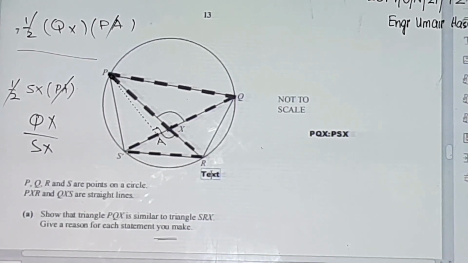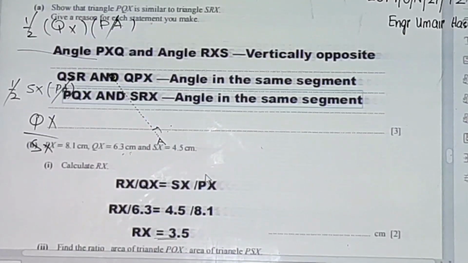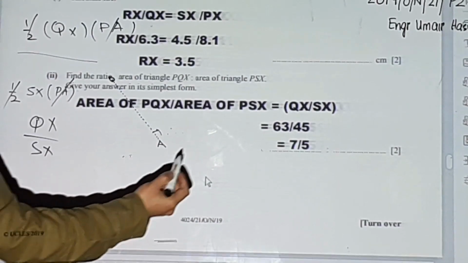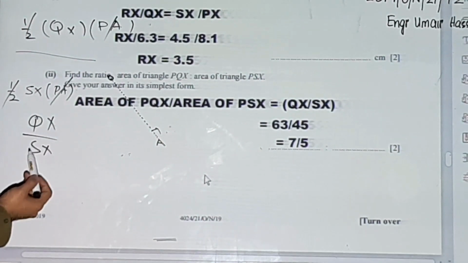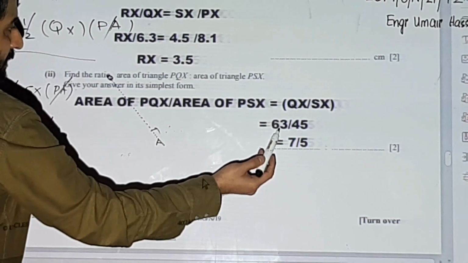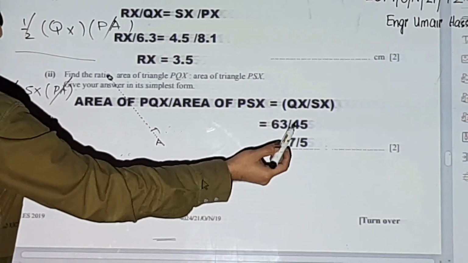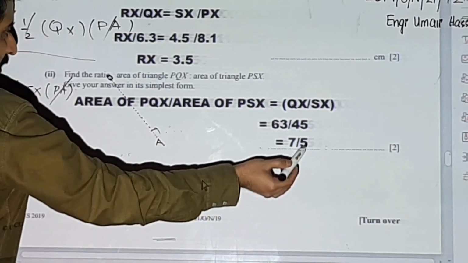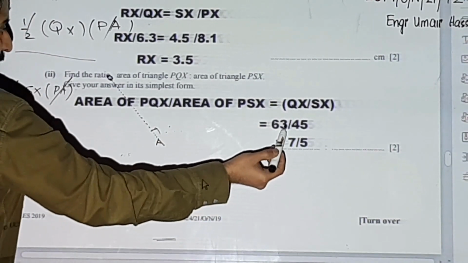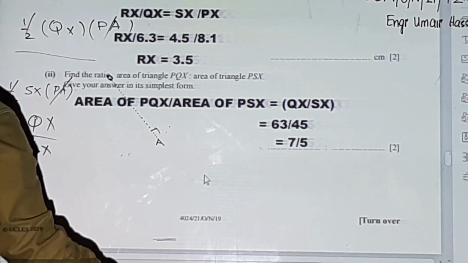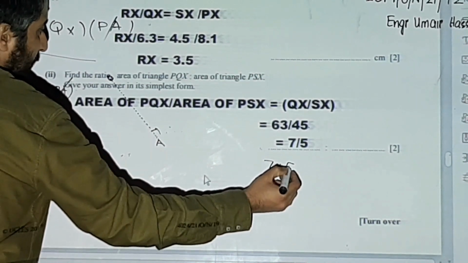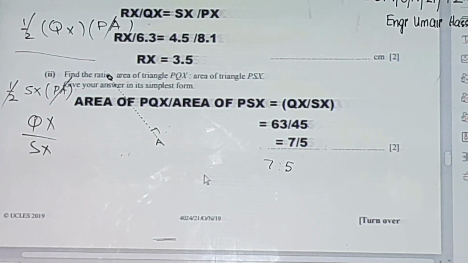So moving towards the solution. Now from here, QX over SX, QX is 6.3 and SX is 4.5, it is given. Now we can remove the decimal in numerator and denominator, so 63 over 45 will be simplified as 7/5. Now this will be your answer.